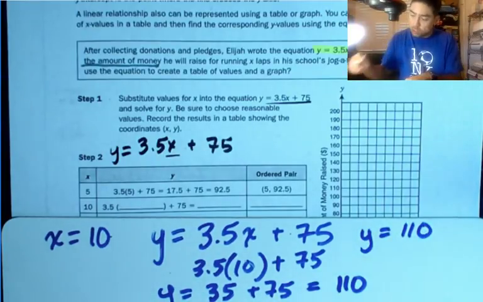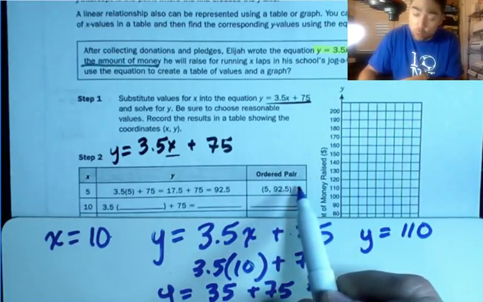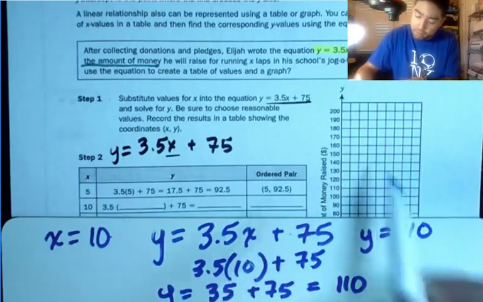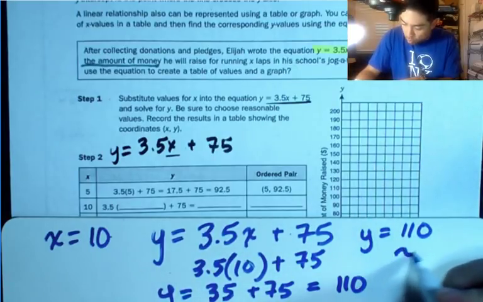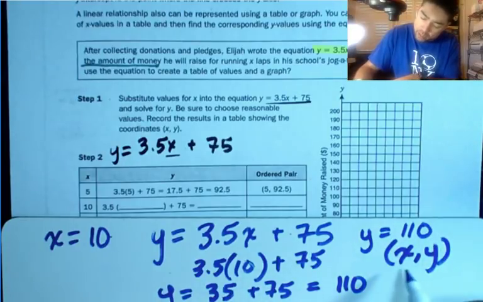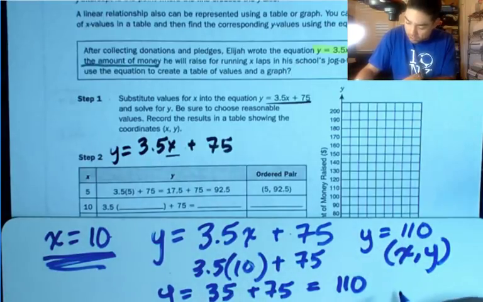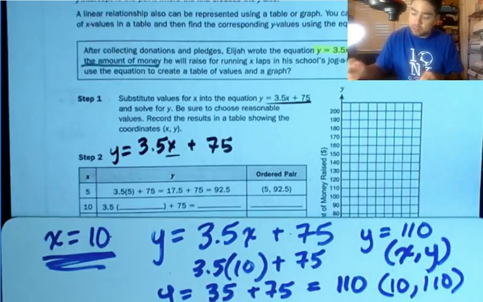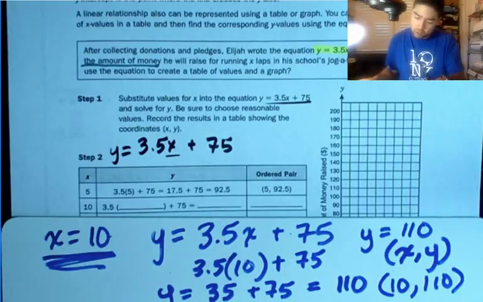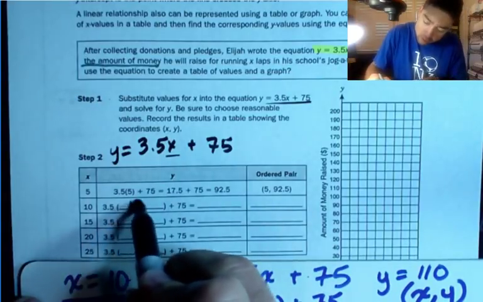So let's make a connection because we need an ordered pair, right? They gave us an ordered pair here. We're going to put these ordered pairs on our graph. So remember, our ordered pairs are always written as x comma y. Our x value was 10. Our y value was 110. So when x is 10, y is 110. I'm going to input that into my table. So again, we substituted the 10 in here.